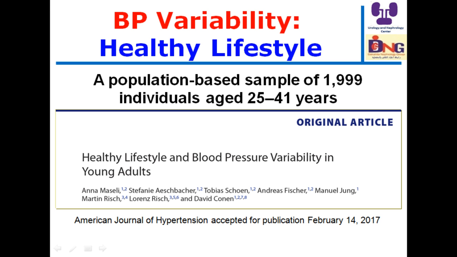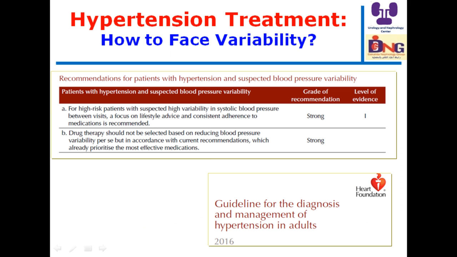Very interesting. If we go to last year's guidelines for the diagnosis and management of hypertension in adults, regarding suspected blood pressure variability, the recommendations are: for high-risk patients with suspected high variability in systolic blood pressure between visits, a focus on lifestyle advice and consistent adherence to medication is recommended.